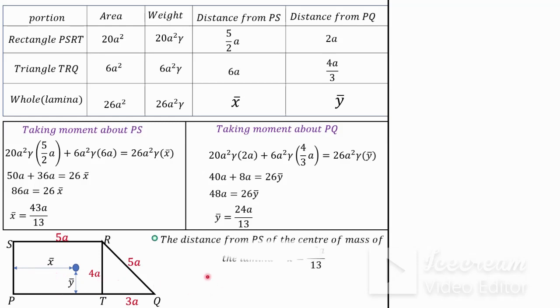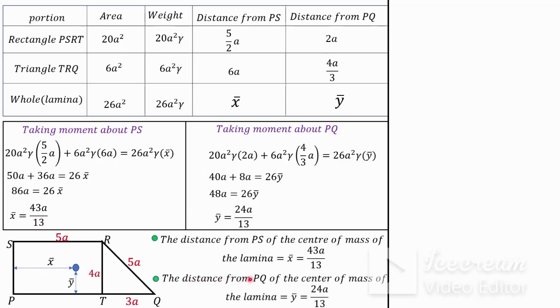You can therefore conclude that the distance from PS of the center of mass of the lamina is x bar, which equals 43a divided by 13, and the distance from PQ of the center of mass of the lamina is y bar, which equals 24a divided by 13. That answers the A part of question 7.